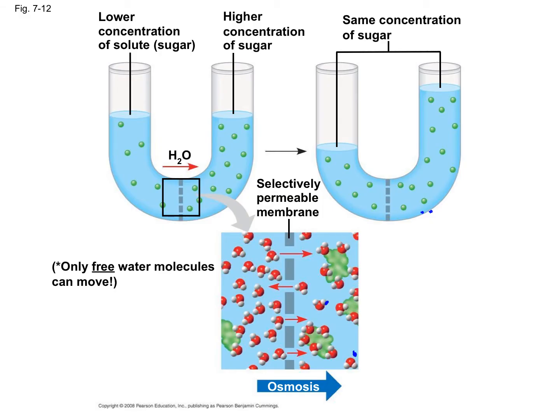To explain this a little bit more, looking at the picture on the bottom of this diagram, you can see that the water molecules are clustering around those solute molecules. Water is polar, and sugar is polar also.